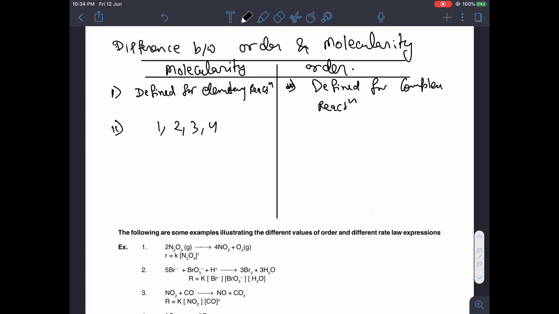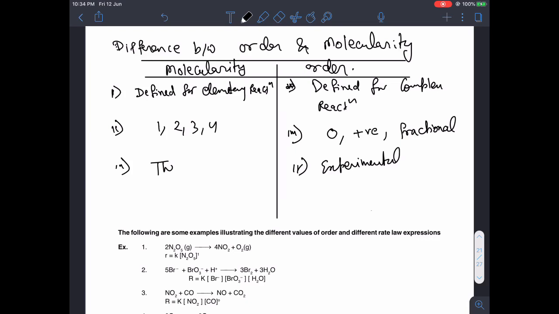But contrary to that, order might be 0, it might be positive, and I will tell you it might be fractional also, guys, fractional with respect to one of them. It is completely experimental. Whereas molecularity has some theoretical meaning.